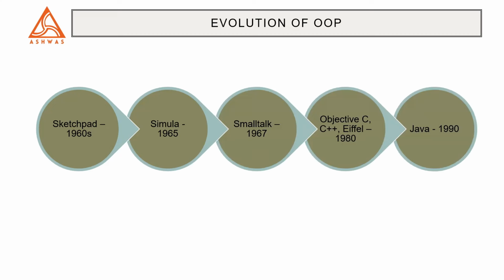By the 1990s, OOP had become the popular way of programming, and it is around this time when Java was introduced, and to date it is considered to be one of the most pure OOP languages in the market.